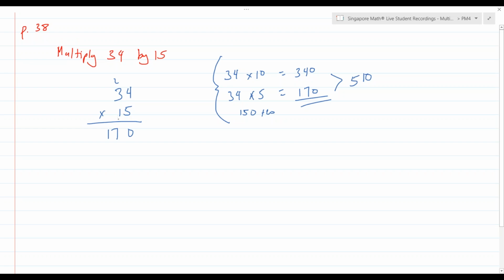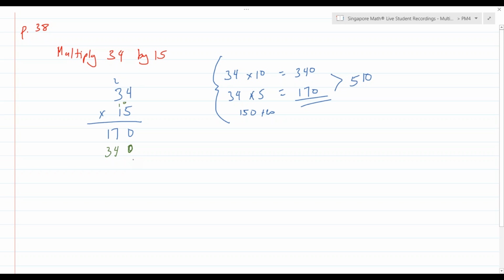Now think about 10 times 34. Well, you know that 10 times 34 is going to have a 0 in the ones column because it's 10 times that. And then, of course, 10 times 34 is 34 tens, and I can write that there. It's effectively putting a 0 there because I know I'm multiplying by 10.